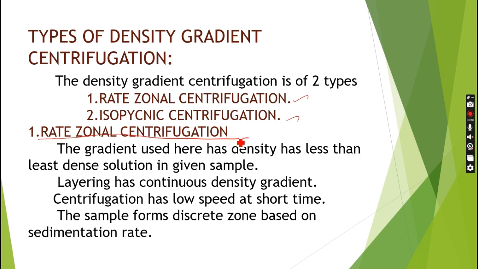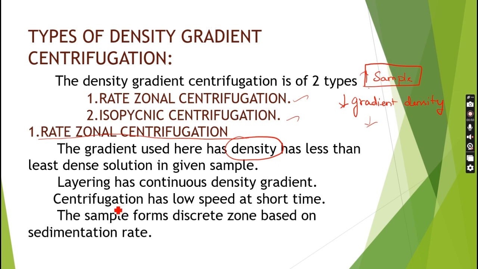A major difference in both is the density. The gradient density is lesser than the sample density. The sample density is more than the gradient density. The gradient is going to have lesser density than any of the sample density.